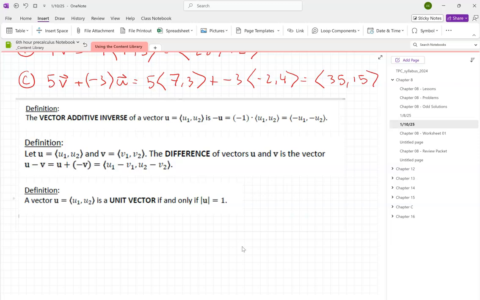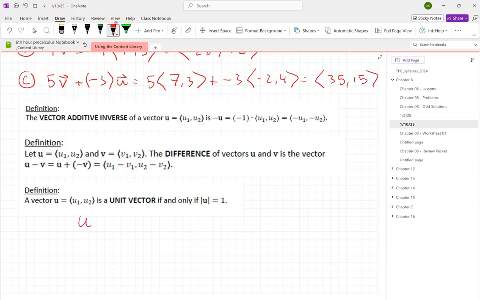If we think back to trigonometry, we defined sine and cosine and tangent and all the other trig functions with respect to the unit circle. The radius of the unit circle is 1. So guess what the form of any unit vector is going to be?